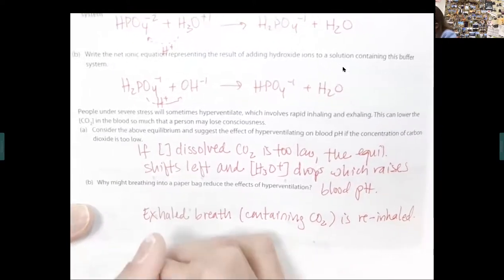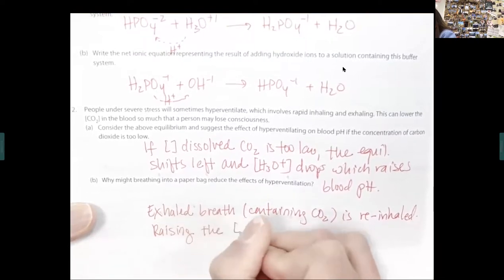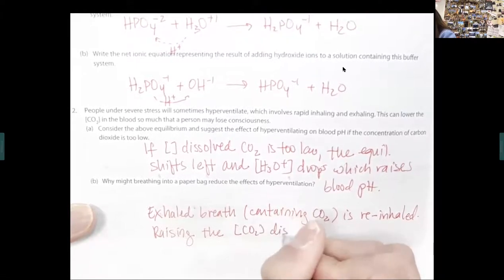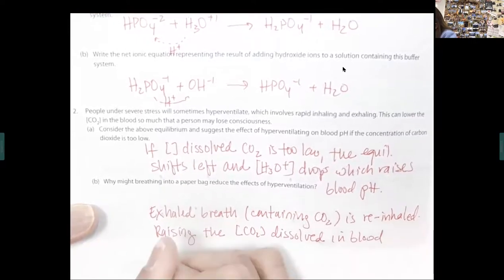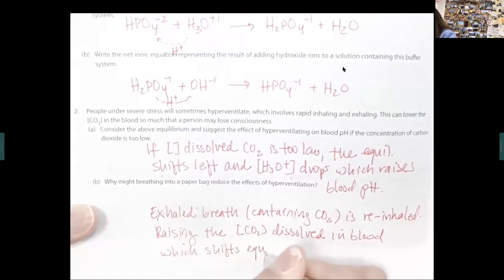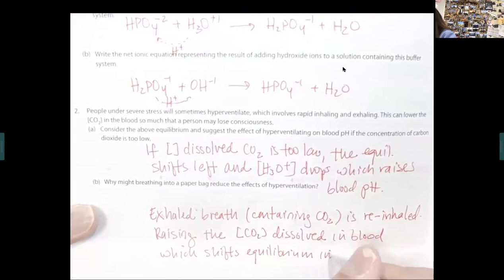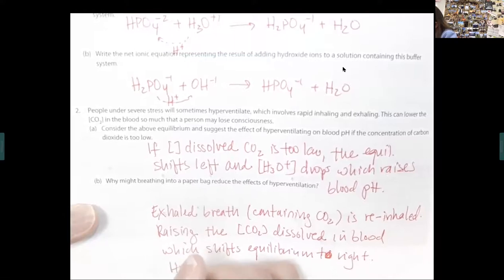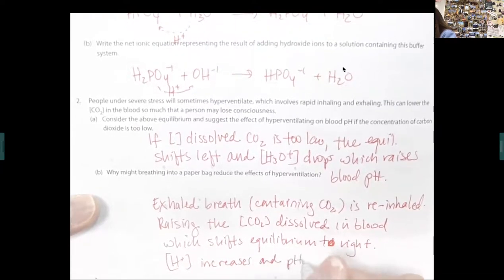And this is going to raise the concentration of dissolved carbon dioxide in the blood, which shifts the equilibrium to the right, and the hydronium ion concentration in the blood increases, and the pH lowers.